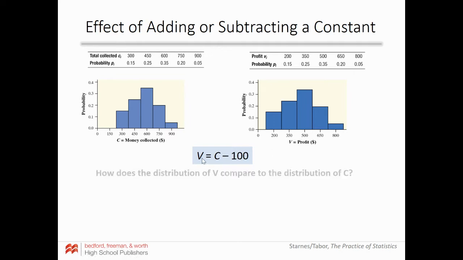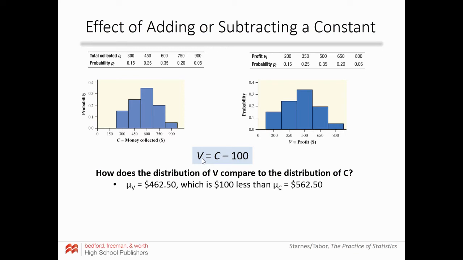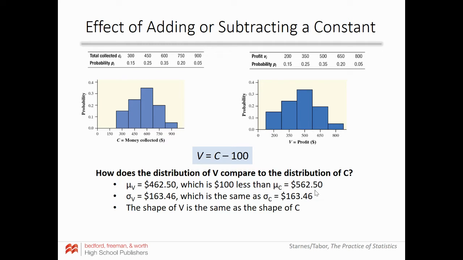So the mean, which was exactly 462.5, is now 100 less than what it was before, at 362.50. However, the variability will stay the same, and the shape of the distribution does not change ever. It never changes.